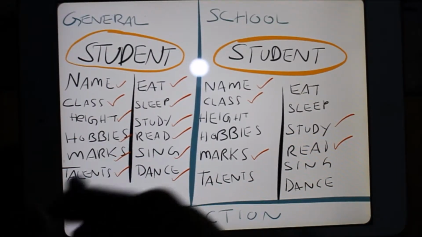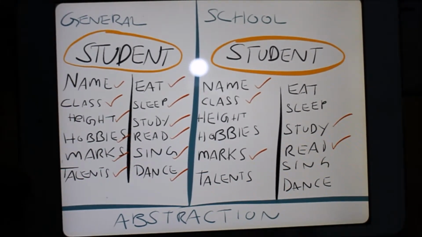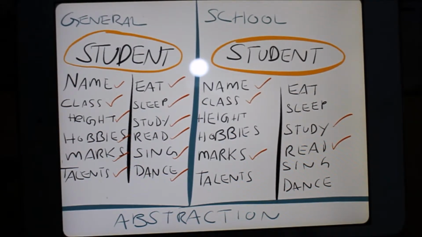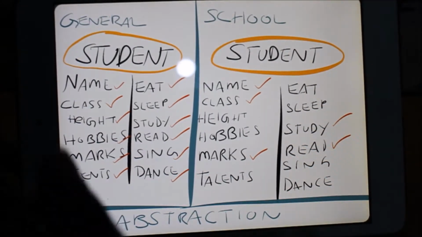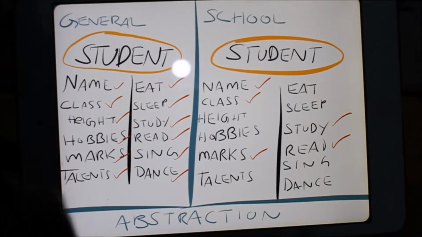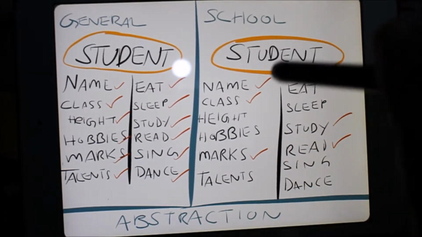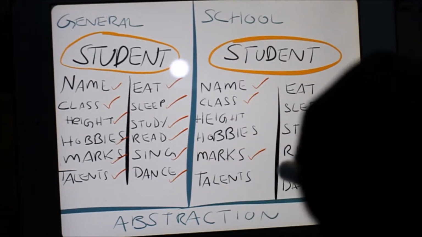Now, let's take in general case and an instance. Generally, object student will have the characteristics of its name, class, her height, hobbies, her marks, her talents. She will have functions of eat, sleep, studying, reading, singing, dancing, etc. In instance of a school, the student will be needing only her name, class, and marks.